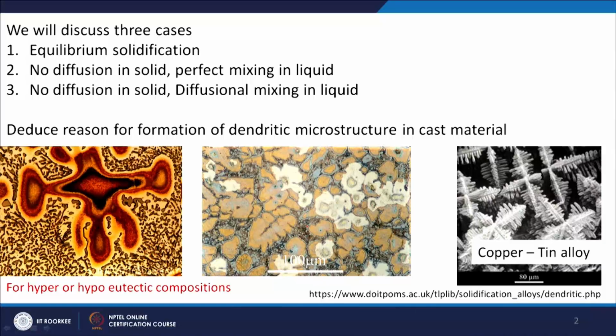With homogenization we will at least homogenize the composition throughout the ingot, and with other processing, for example rolling, extrusion or forging, we would like to break this dendritic structure and maybe get a fine recrystallized microstructure. These microstructures we will see subsequently. So this is the idea, this we want to understand, and for that this lecture is.